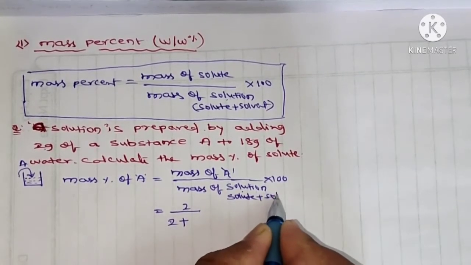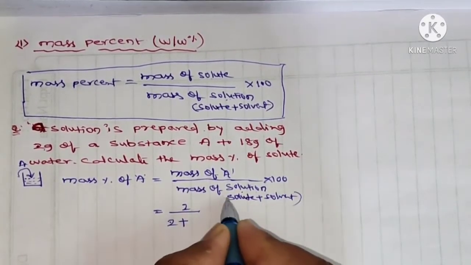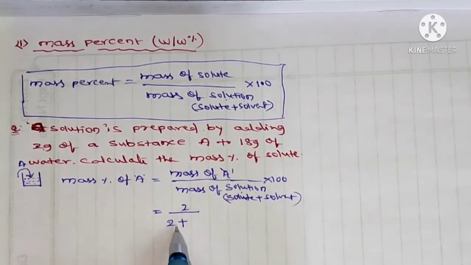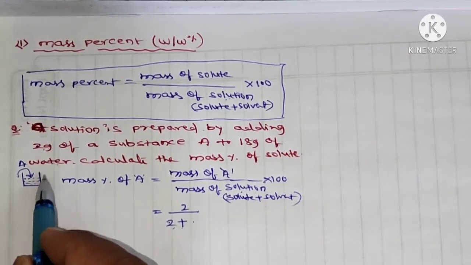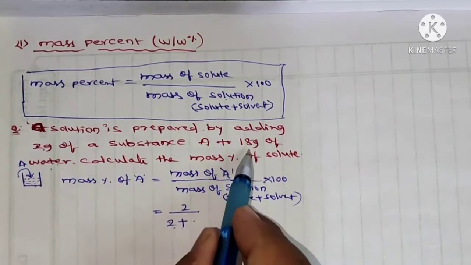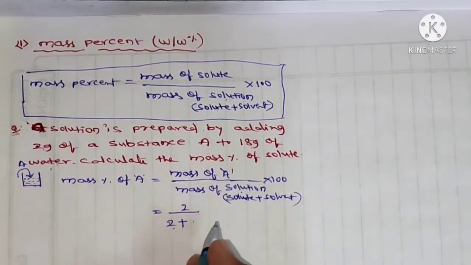Solute plus solvent. So solute mass is 2 plus solvent mass. What is the solvent? Water. What is the solvent mass? 18 grams.